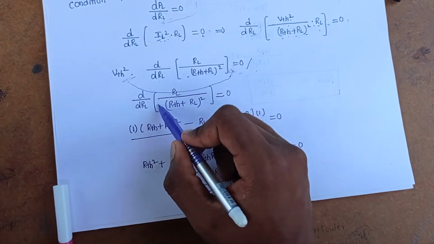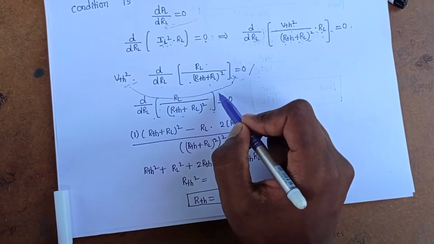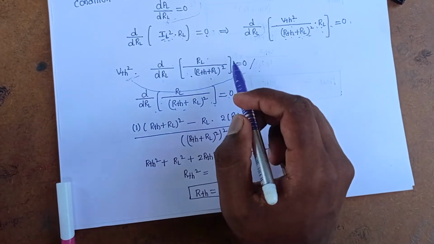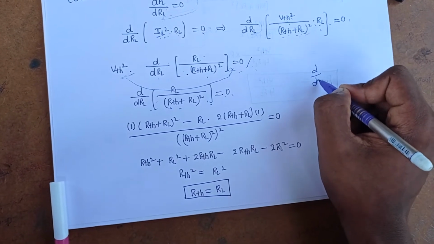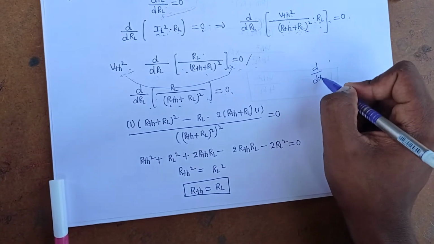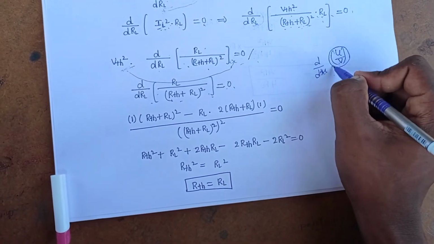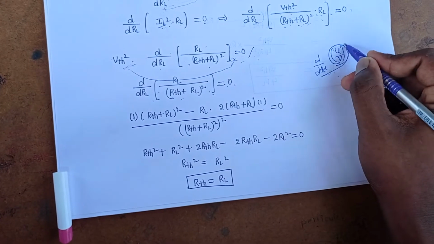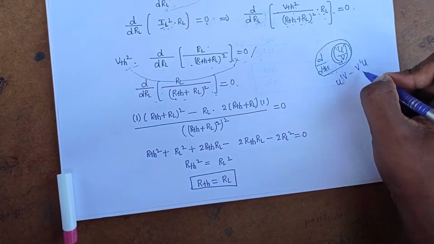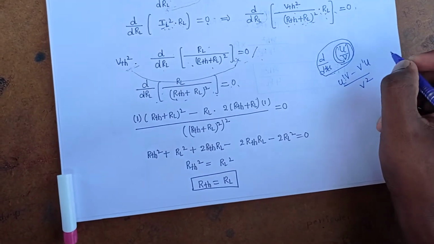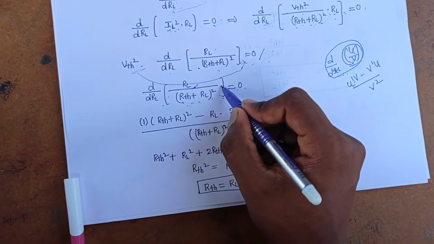The next step is d by dRL of RL by RTH plus RL whole squared, equal to 0. Now it is in the form of d by dx of u by v. Differentiation of u by v is u dash v minus v dash u, by v squared. Here u is RL and v is RTH plus RL whole squared.